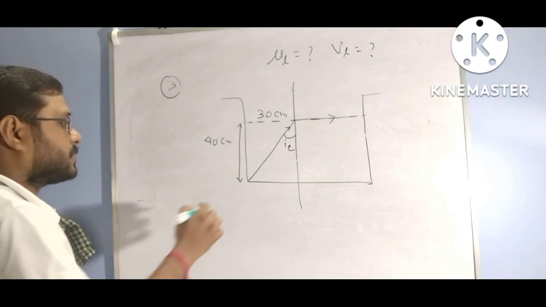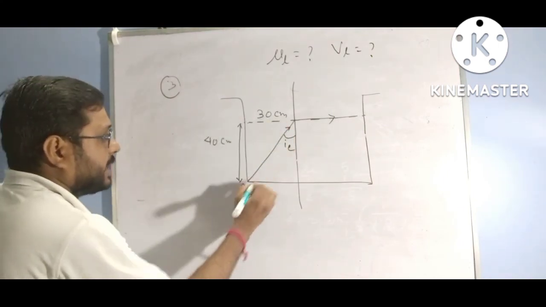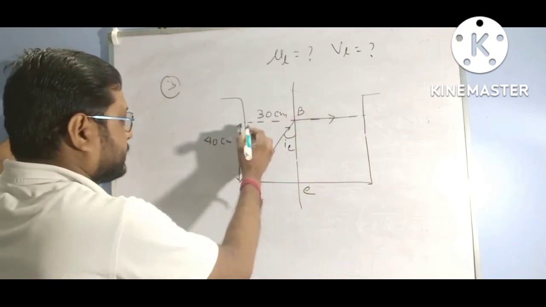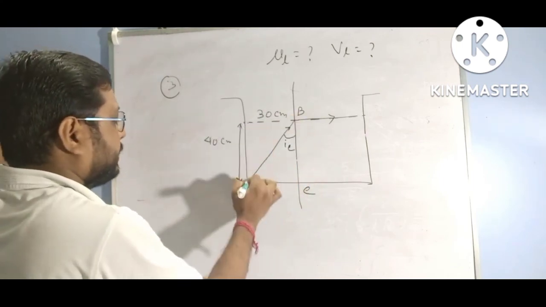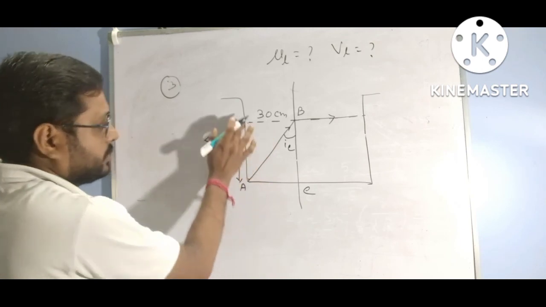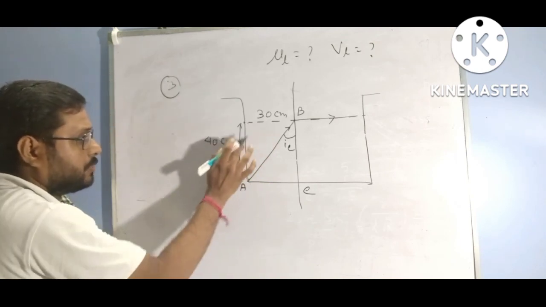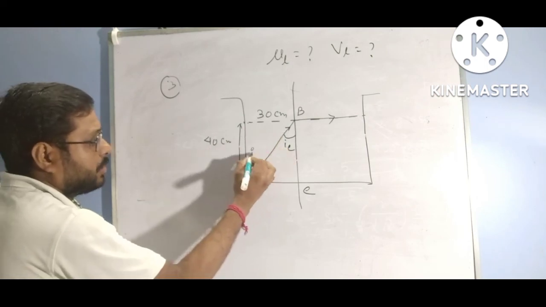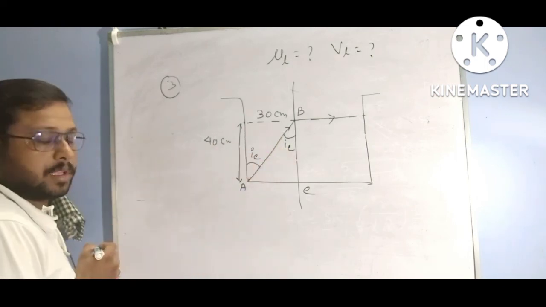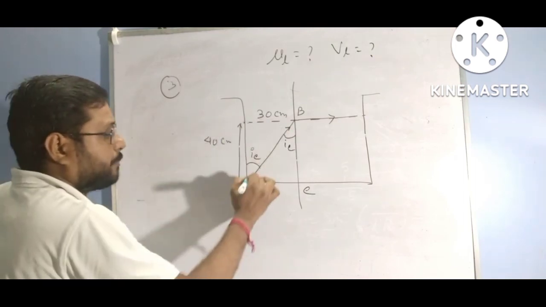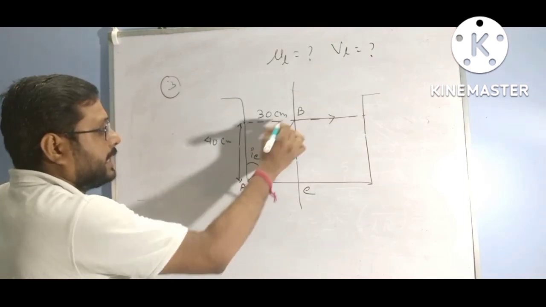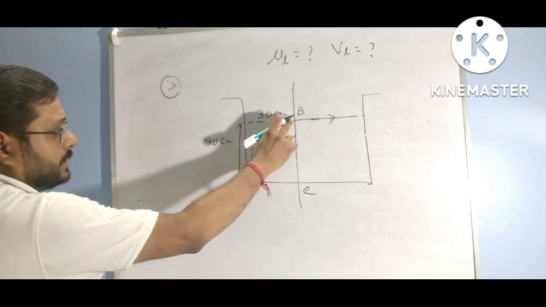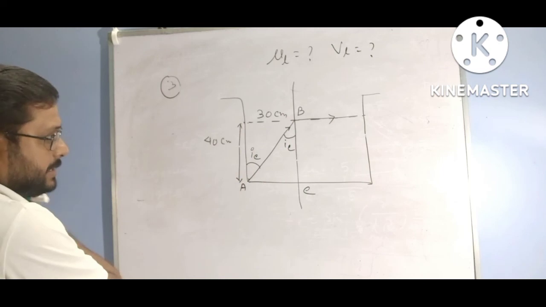If we name this as A, B, C, now this line BC, the surface and the edge of the beaker are parallel. So this angle and this angle are alternate angles and equal. This is a right angle triangle, so this is the perpendicular, this is the hypotenuse and this is the base.